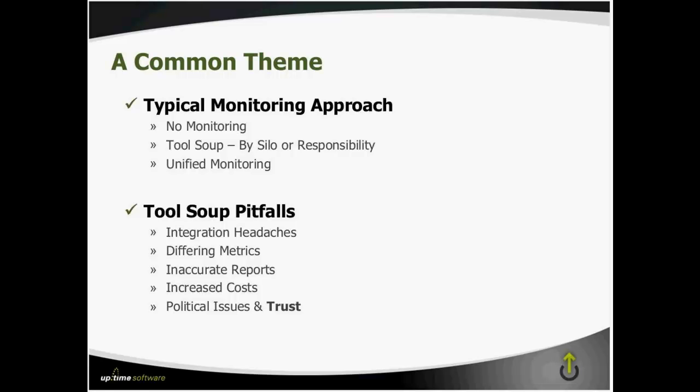Maybe these people are even using a collection of different Excel spreadsheets to view performance data and availability information. It's simply not efficient, and it doesn't give you an accurate, clear picture of what's going on in the data center today. So for a director or VP level responsible for more than one silo of the IT organization, it can add a lot of uncertainty to not be able to trust the reports that are coming to you across those different silos.